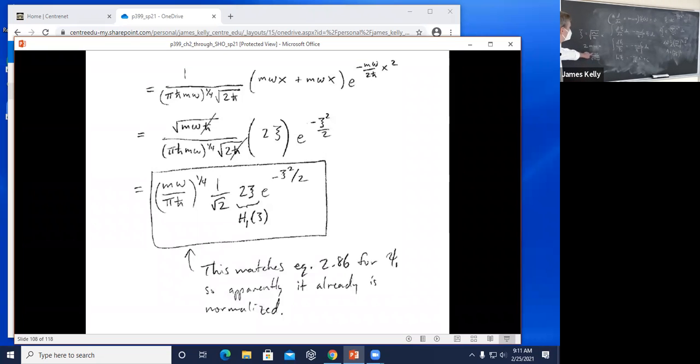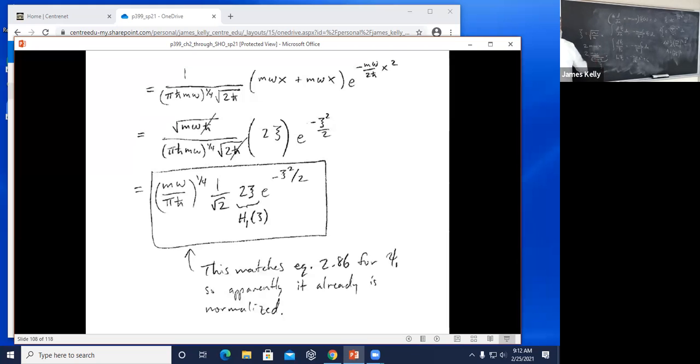When I do that, that's going to leave me with a square root of m omega. I've changed it, but I'm going to undo it by multiplying by the reciprocal out in front in just a second. I also need to divide by the square root of h bar. So what's left here is exactly xi, with the x still coming along for the ride.